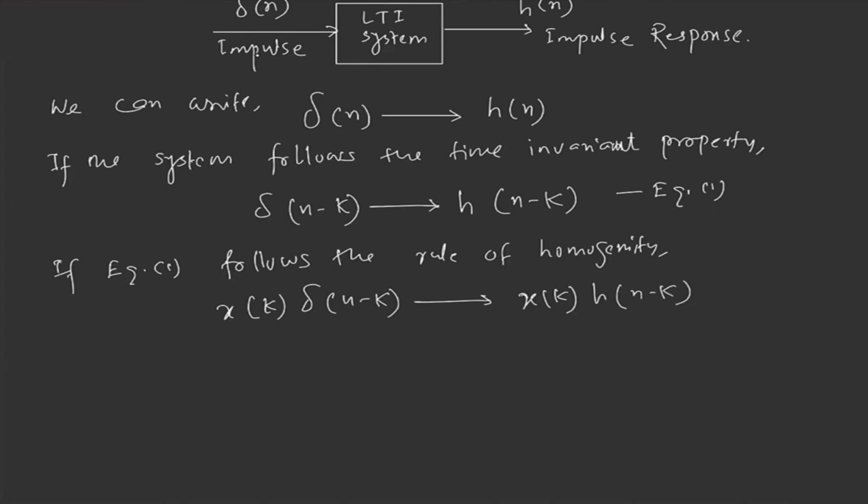So it means the impulse scaled the input by x k, and we are also having the output scaled by x k.